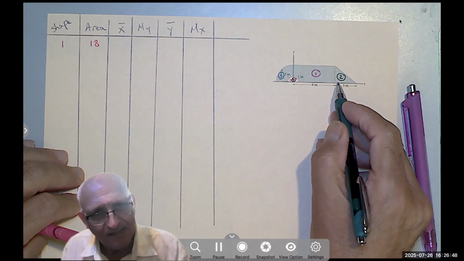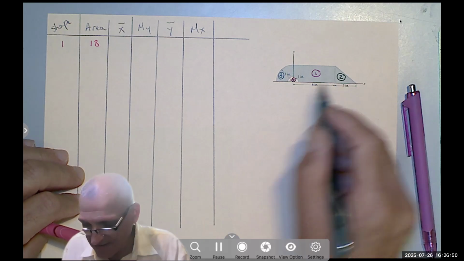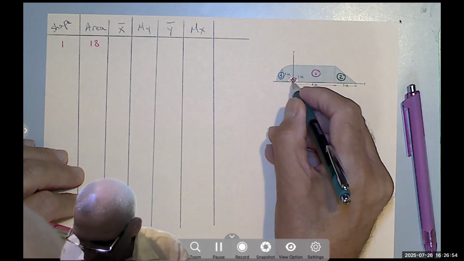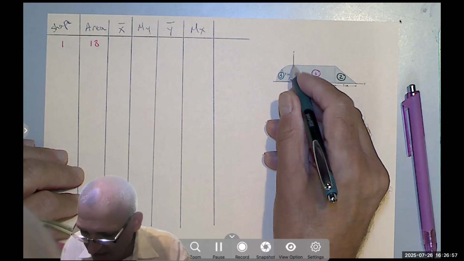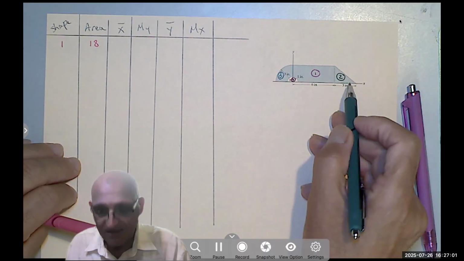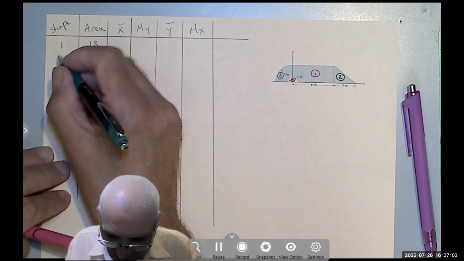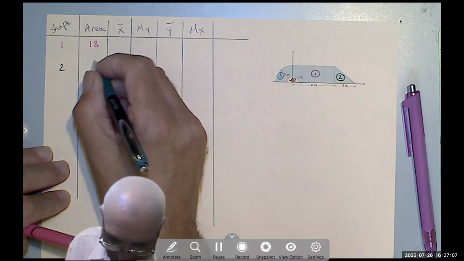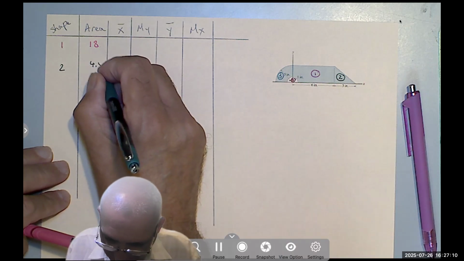What is the height? The quadrant has a radius of 3, meaning this distance is 3, and that is the height of both the rectangle and the triangle. So shape number 2 is 1/2 times 9, which is 4.5.